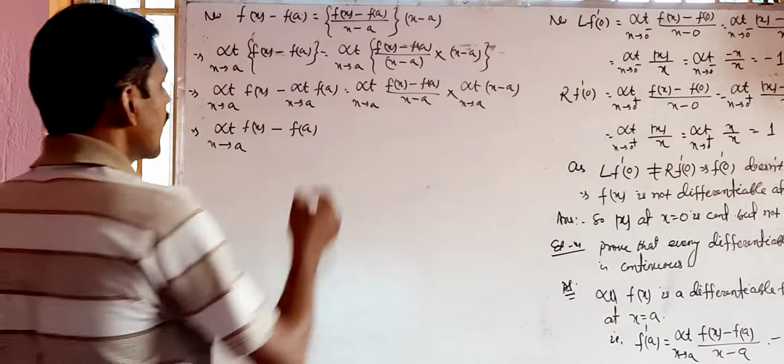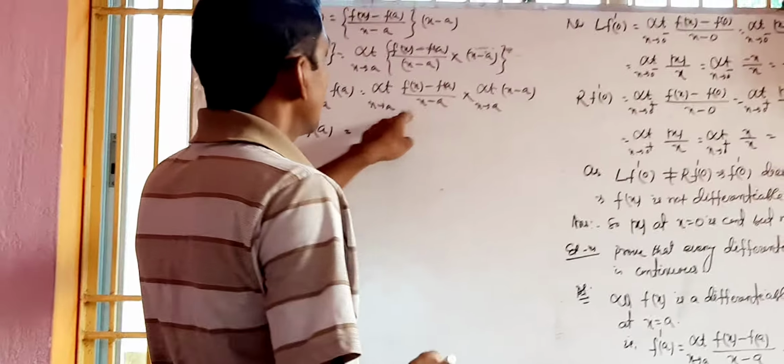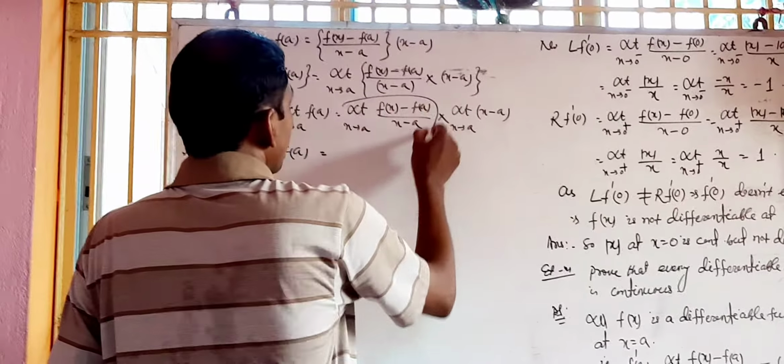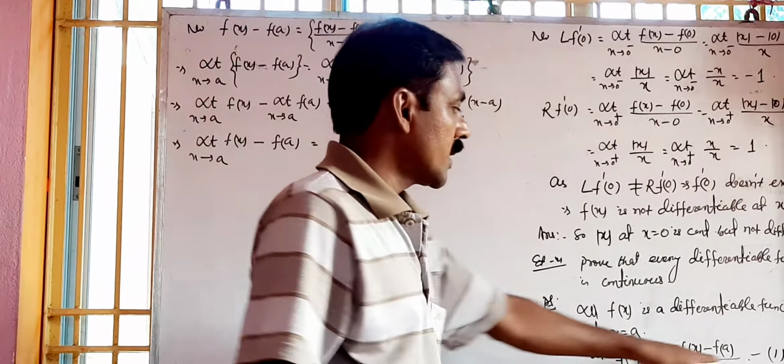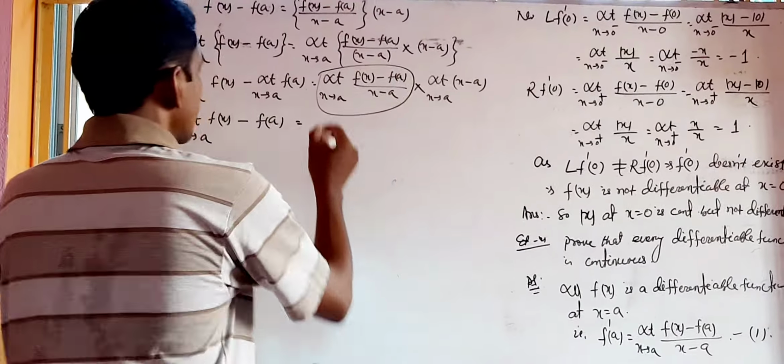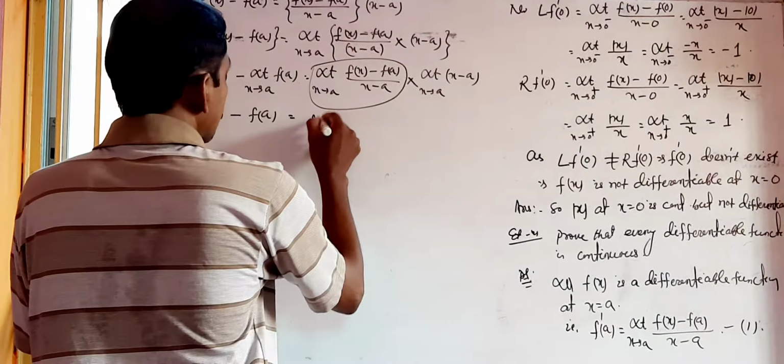Now what is this value? This value is equal to f dash of a, from number 1, into a minus a, since it is an algebraic function. So limit of f of x as x tends to a, minus f of a equals 0, because a minus a is 0, and 0 into f dash of a is 0.